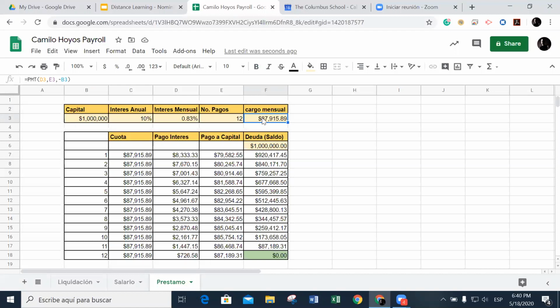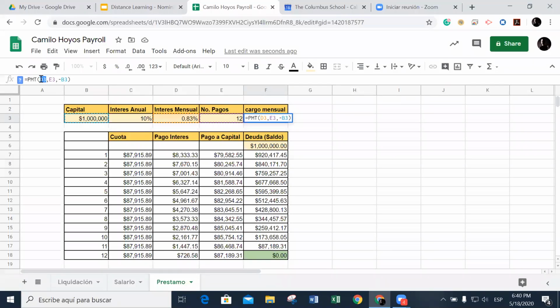Now look at this formula, because it is a complicated formula if you're going to try to do it mathematically. But spreadsheets, Excel or Google Sheets or whatever else, are going to give you this beauty right here. You click on equals, then PMT, then open parentheses.